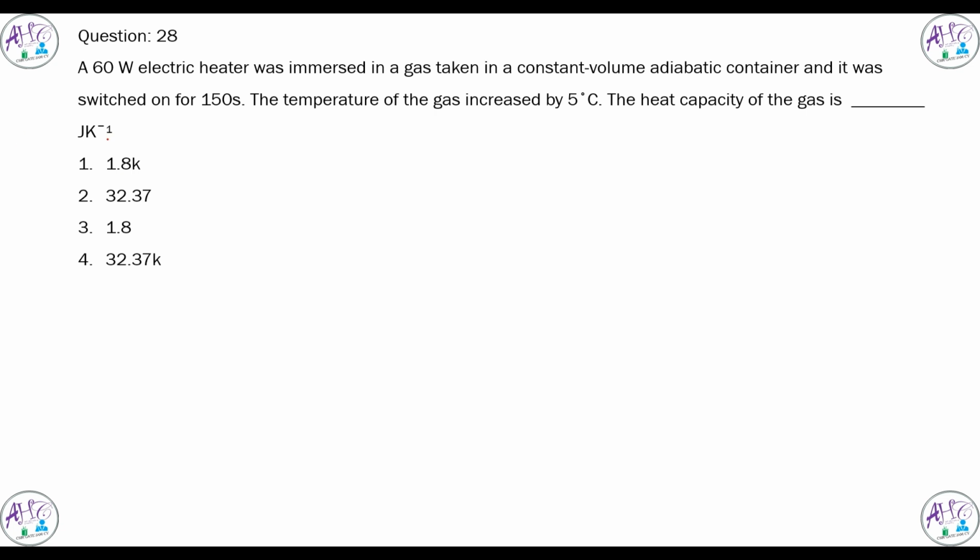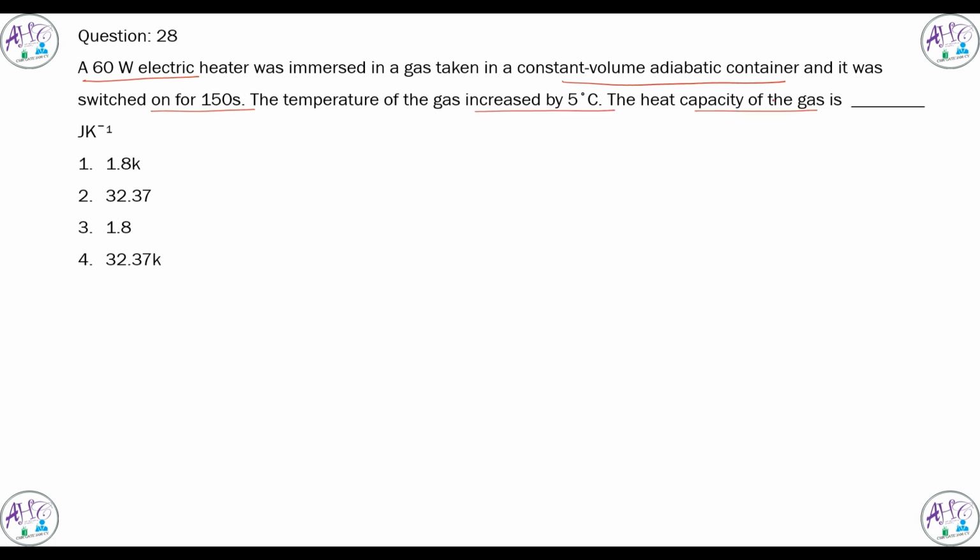Next question. A 60-watt electric heater was immersed in a gas, taken in a constant volume adiabatic container, and it was switched on for 150 seconds. The temperature of the gas increased by 5 degrees Celsius. What is the heat capacity of the gas?